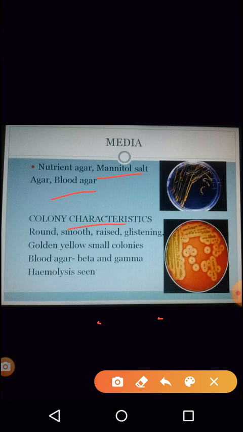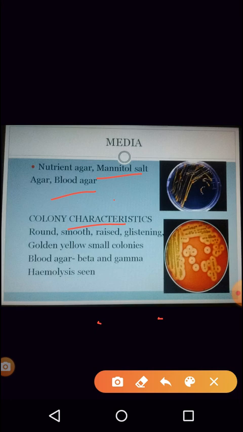Now, how are the colony characteristics? If this organism is grown on nutrient agar or mannitol salt agar, it can be easily identified because it has a characteristic golden yellow pigment. It produces a typical golden yellow pigment, and the colony looks like dry oil paint. If you drop one drop of oil paint on a paper, and after it dries, that is how it appears.